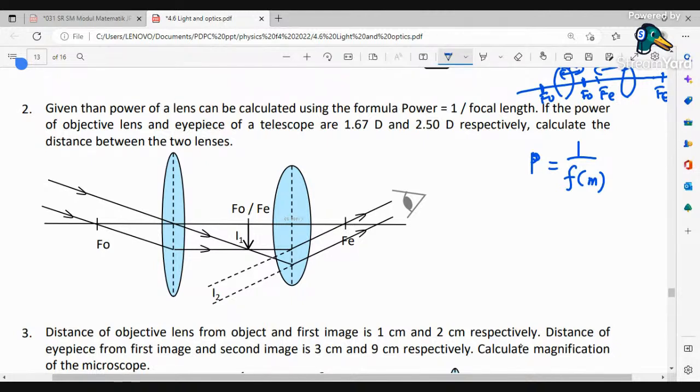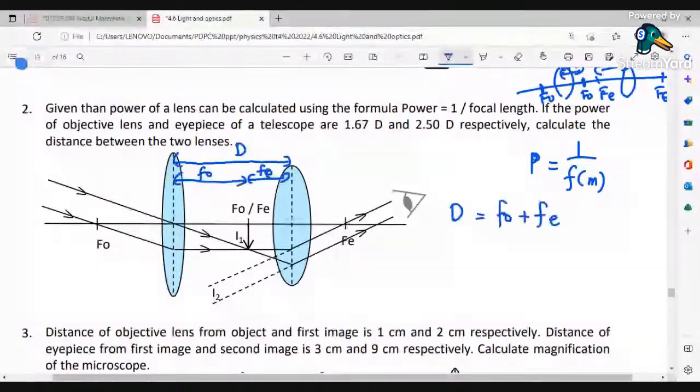Ini ialah teleskop. Okay, so separation distance ialah FO plus FE.